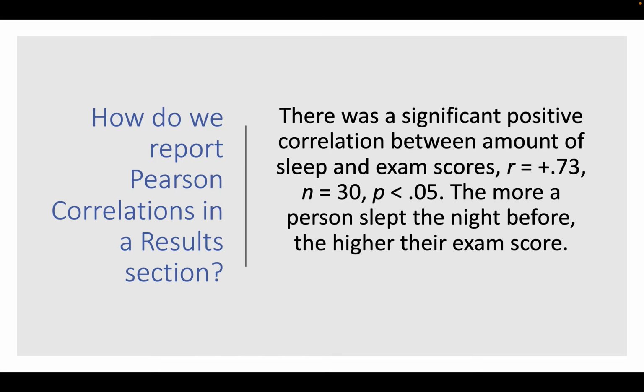There was a significant positive correlation between the amount of sleep and exam scores, r equals positive 0.73, N equals 30, and p is less than 0.05. The more a person slept the night before, the higher their exam score. So if you had all of that information, your central tendency, variability, your shape, and information on the correlation of the data, you'd really start to get an idea of what this data looks like and the story that it's trying to tell.